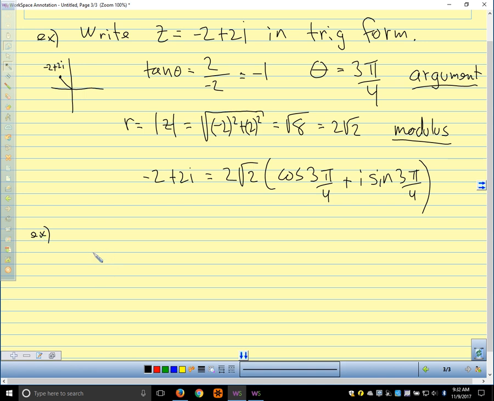Let's go the other way. We want to write 4 times cosine 5 pi over 6 plus i sine 5 pi over 6 in trig form. Or sorry, in a plus bi form.